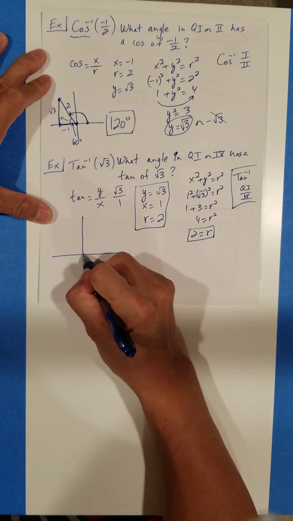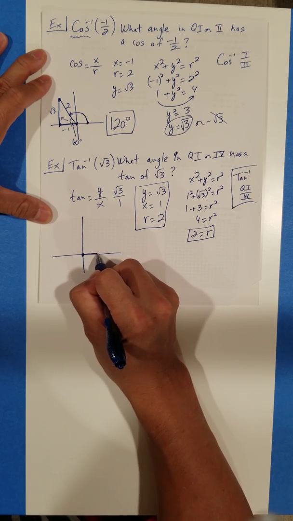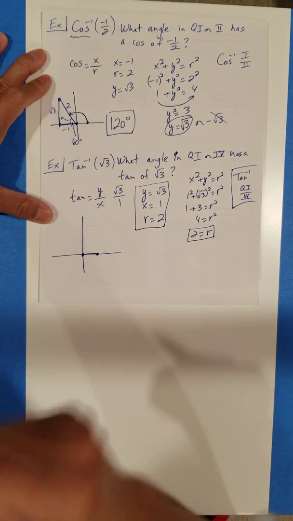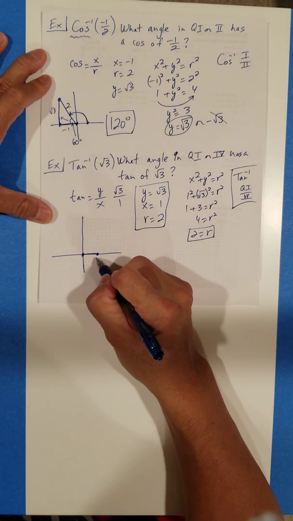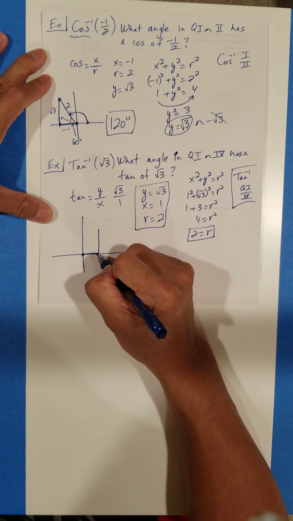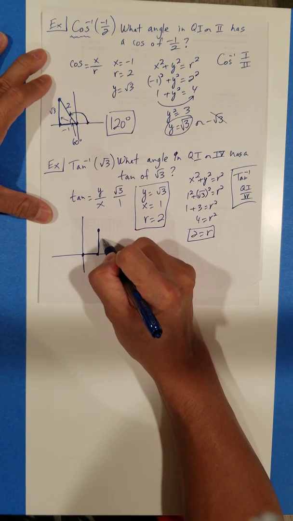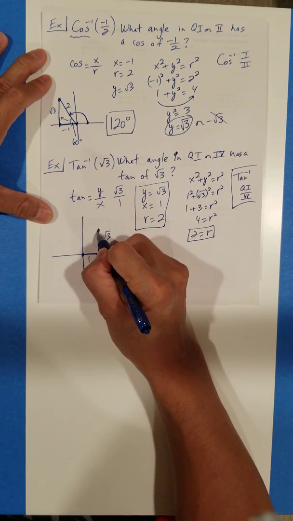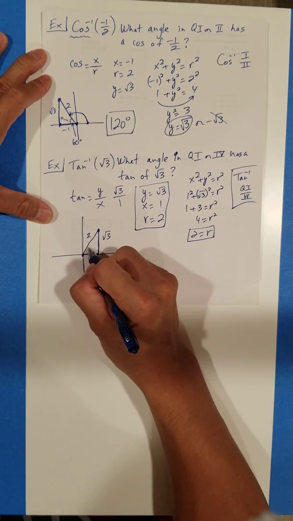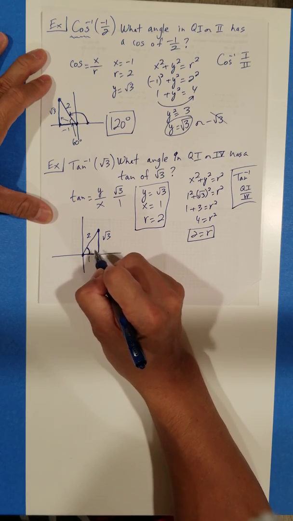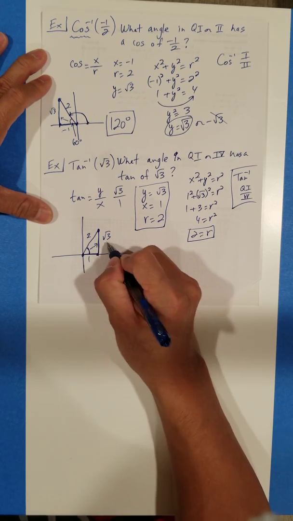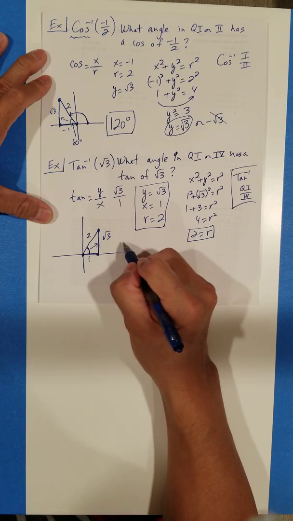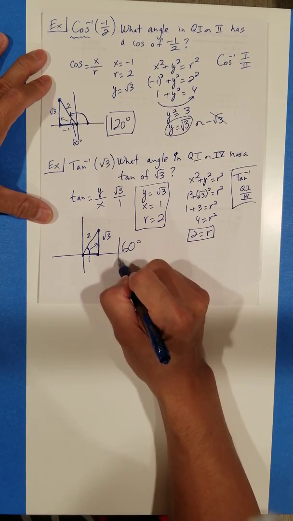X is positive. Starting from the origin, x is 1. We go to the right 1 unit. We go up radical 3. R is 2. So again, look at this. What angle is always across from radical 3? So that answer is 60 degrees. There's my answer.